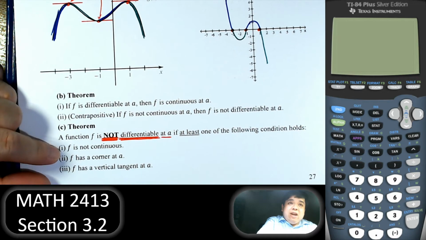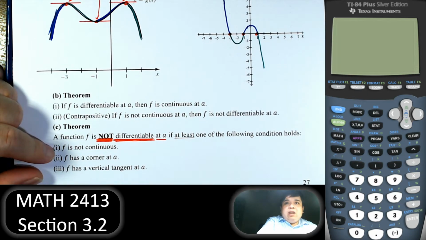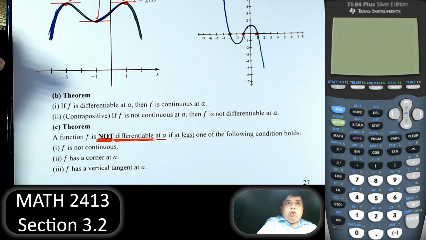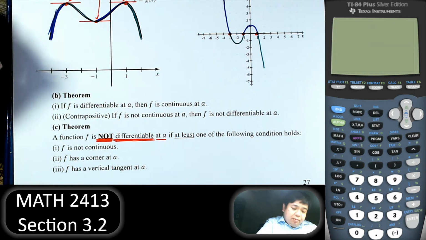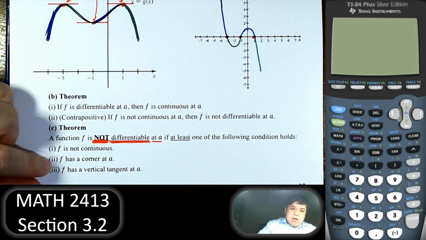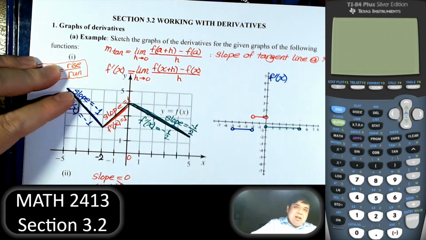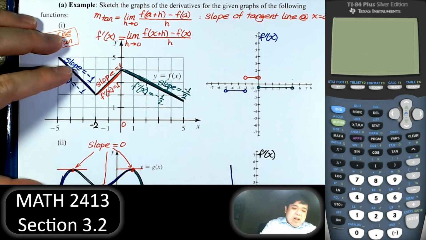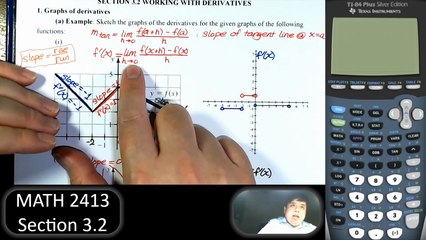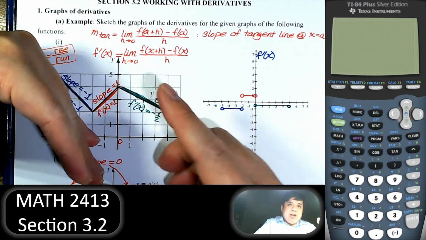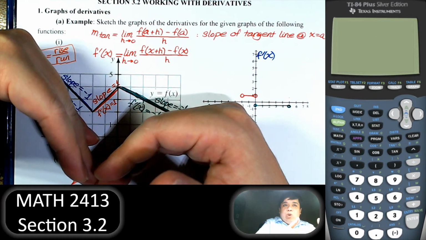So first of all, if there's a gap, there cannot be the slope of the tangent line at that point, right? If the function is not continuous, then there cannot be a slope because there's no point there. If it has a corner point like this, it doesn't have a derivative, because the way we define it to be a limit, we want the limit from the left and the limit from the right to equal the same number.